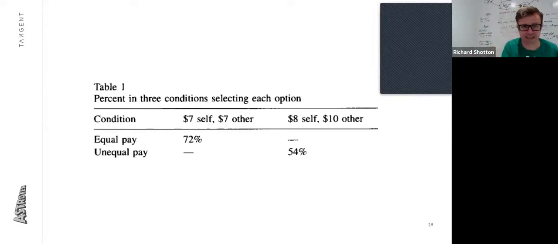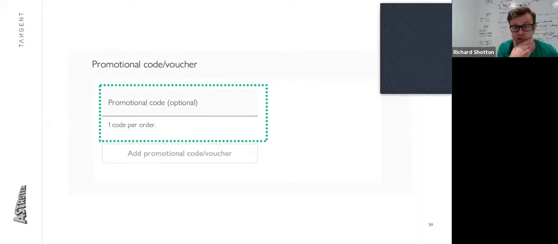What do you tend to see just before you're about to put your credit card details in? What you normally see is something like this big box saying, put in your promotional code, put in your discount code. Now, if you do that, you're running a real risk of transgressing these fairness norms.